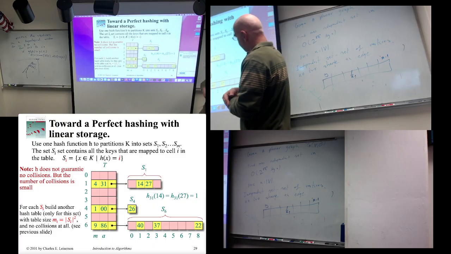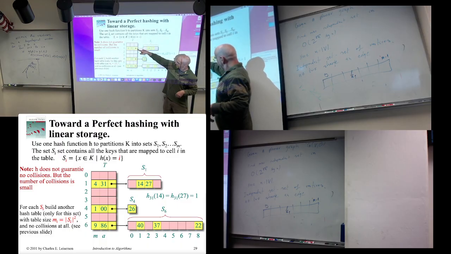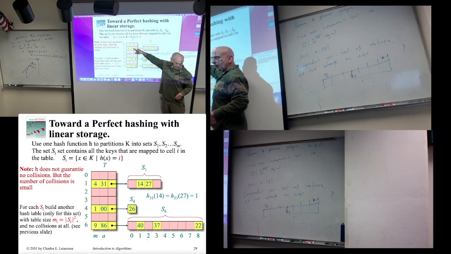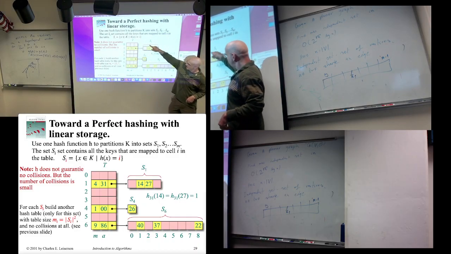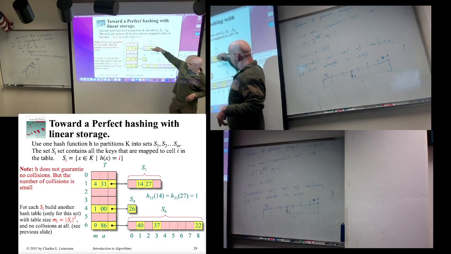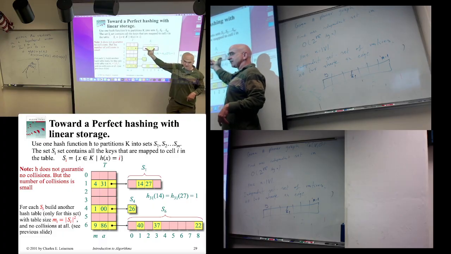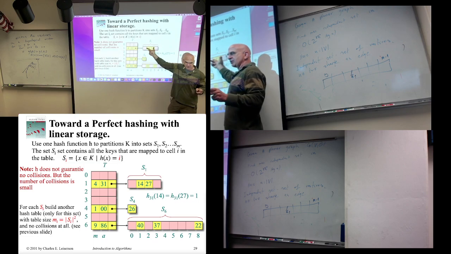What are we doing next? We look at all the keys that do collide in the first hash table, and now we can allocate another hash table for only these keys, and the size of the second hash table is quadratic, is n squared, but it's not the original n.